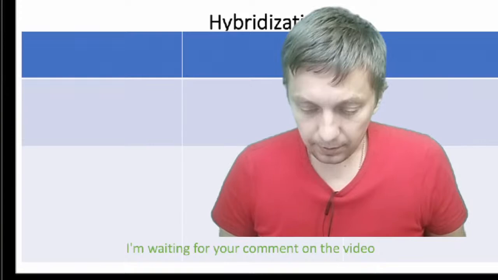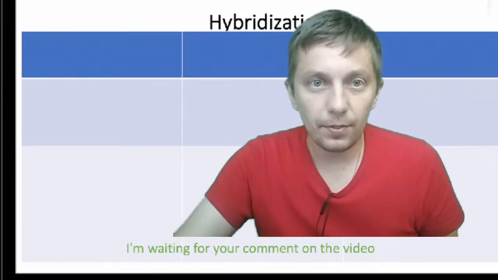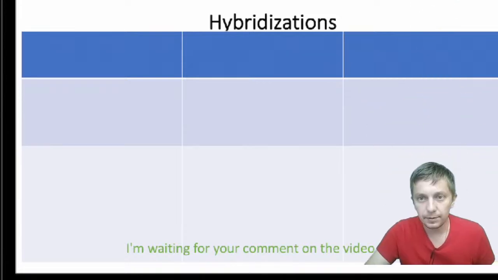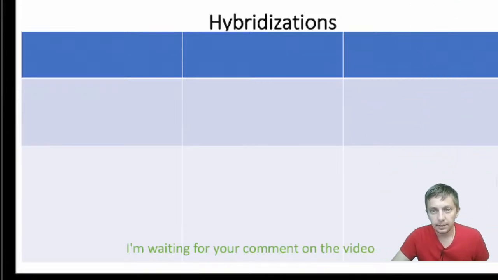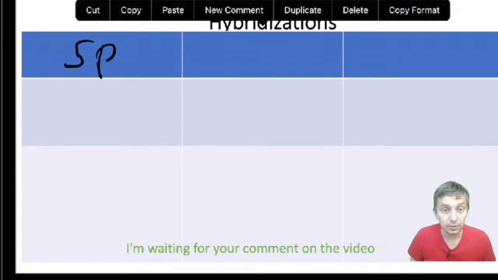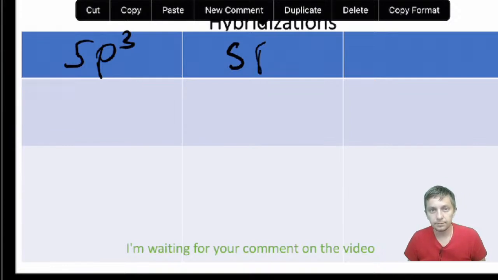If we're dealing with organic compounds, we have three types of hybridization and three types of angles. We have sp3, the most popular, sp2 in alkenes, and sp.